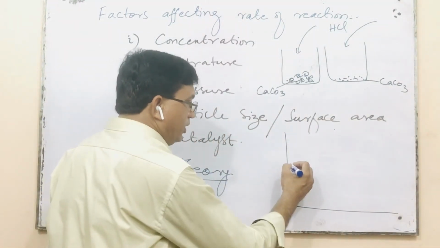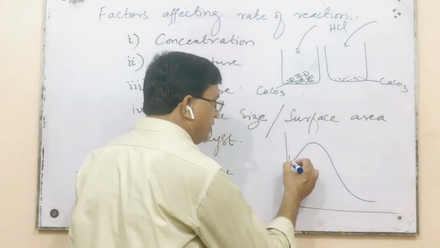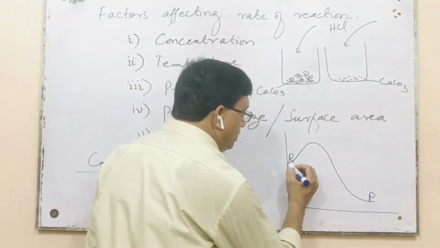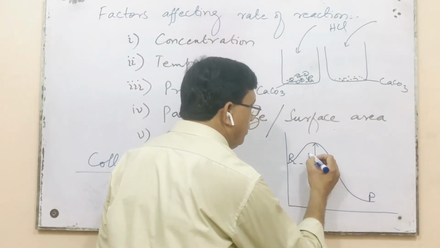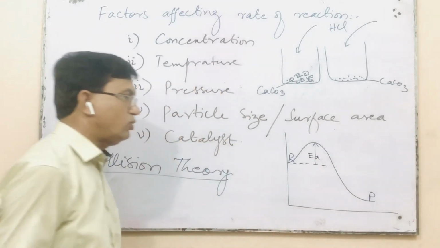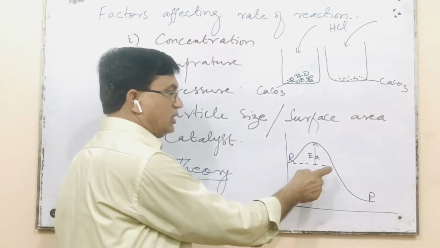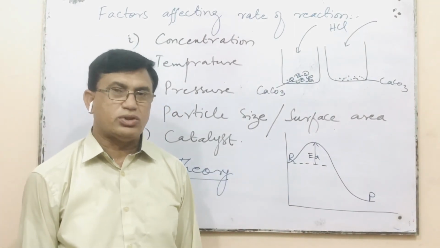For example, if the reaction is taking place in this manner, these are the reactants and these are the products, and this much amount of activation energy is involved. Now, this process is uncatalyzed, in which no catalyst is used.